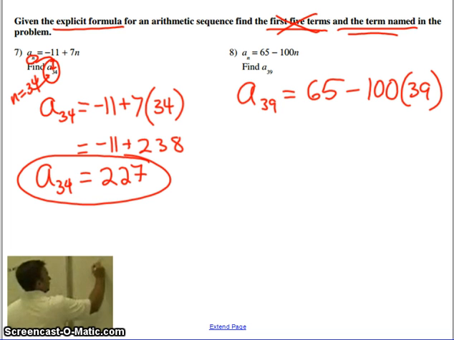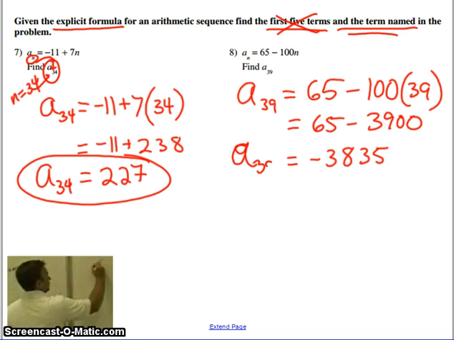So 39 times 100 is 3,900. 65 minus that is negative 3,835. So A sub 39 equals that.